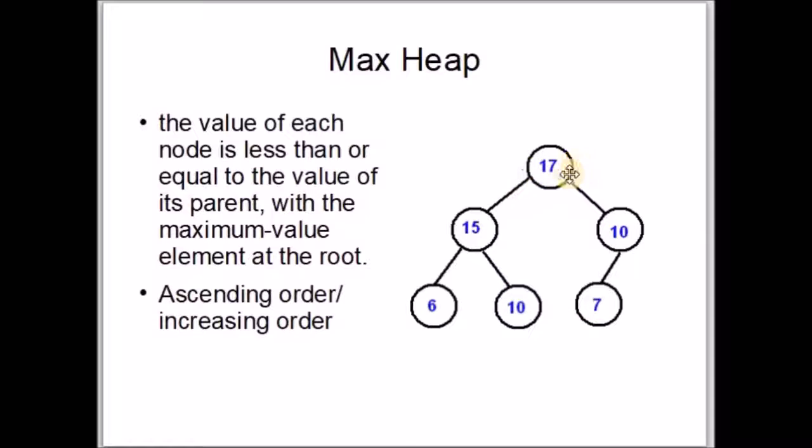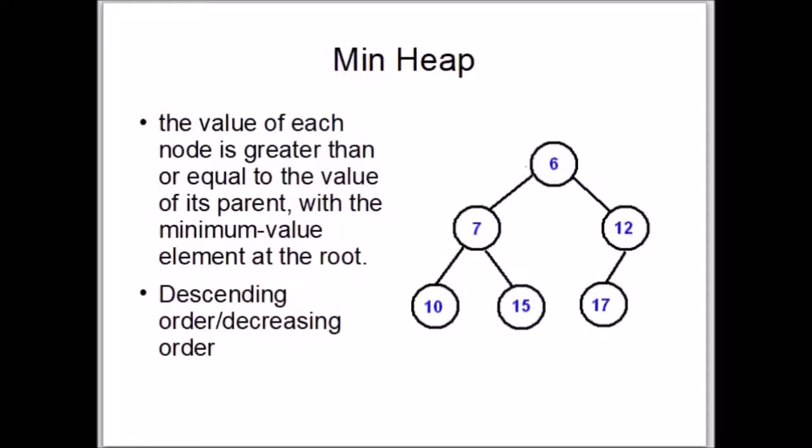So this is a max heap where if you take any node, its children nodes are going to be lesser than or equal to that given node, and the same is true throughout. The other one is min heap. The min heap is the exact opposite of max heap.